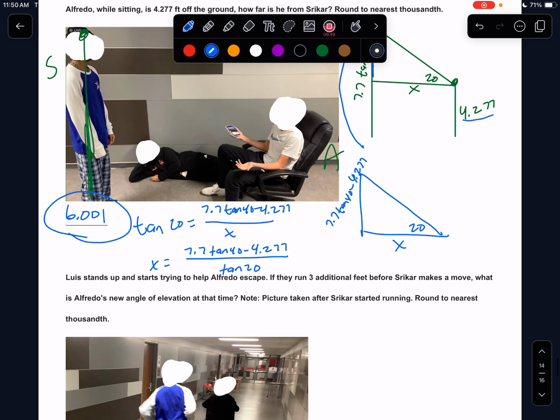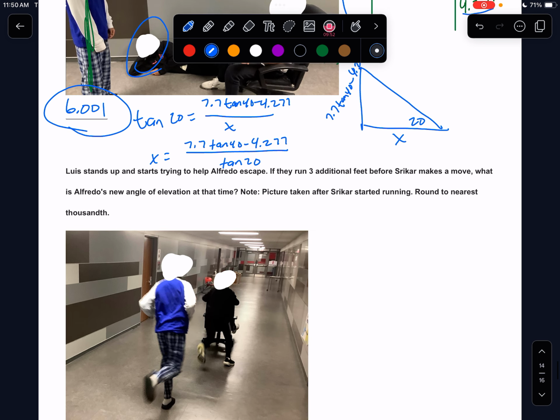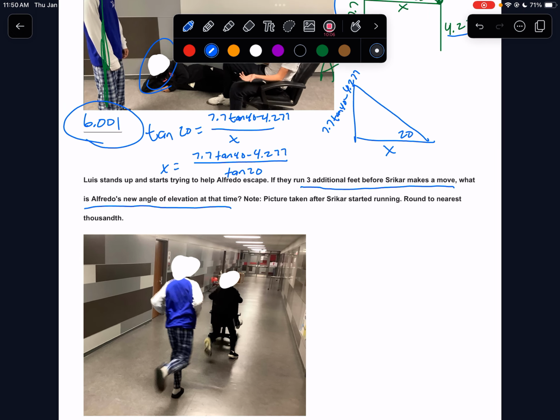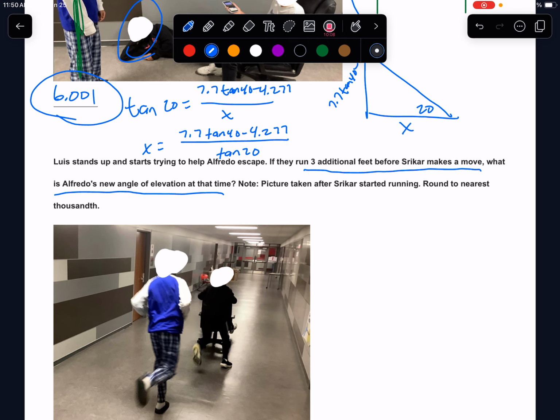Luis, here's Luis down here, stands up and starts trying to help Alfredo escape. If they run 3 additional feet before Srikar makes a move, what is Alfredo's new angle of elevation at that time? All right, so we have our triangle, right?